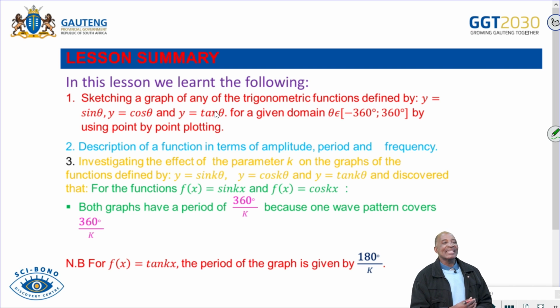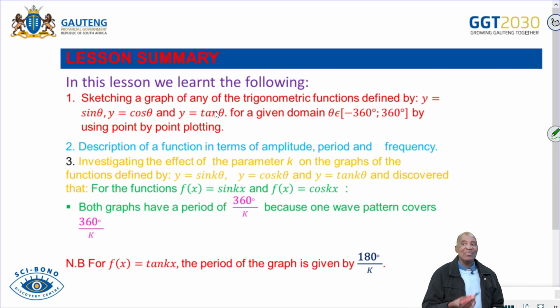We also looked at the description of a function in terms of its amplitude, period, and frequency. We also investigated the effect of the parameter k, but in particular and of interest is that the periods get affected by that k. You take the standard period, you divide by k, then you'll get the new period. Then the k itself will tell you about the frequency of your graph, how many times the graph appears.